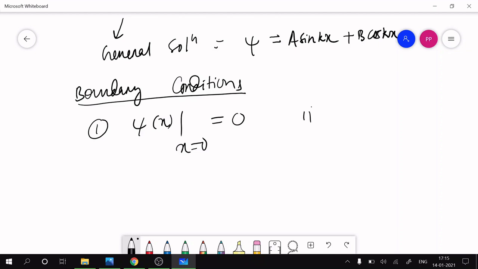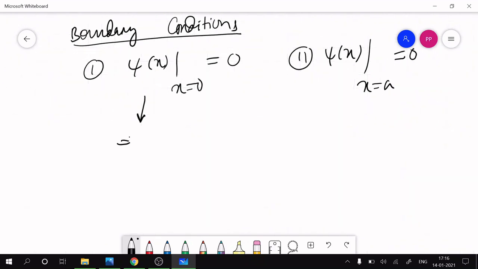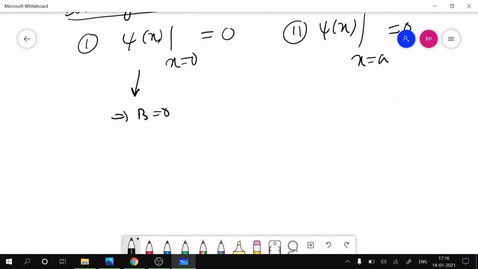Second, ψ(x) at x equal to a must vanish. From the first boundary condition, we simply get B equal to 0. So we are left with ψ(x) equal to A sin kx.